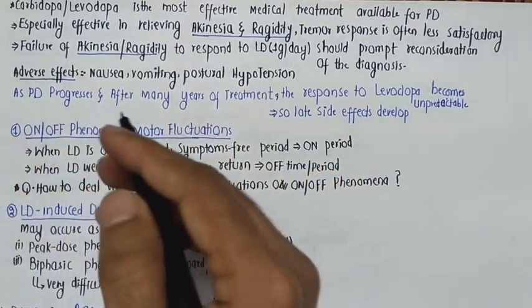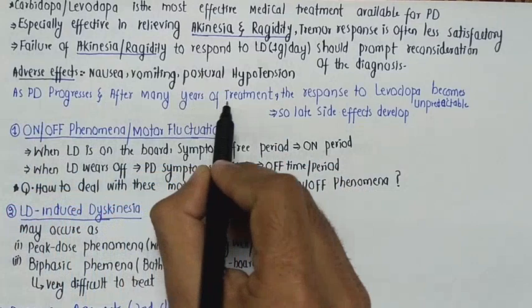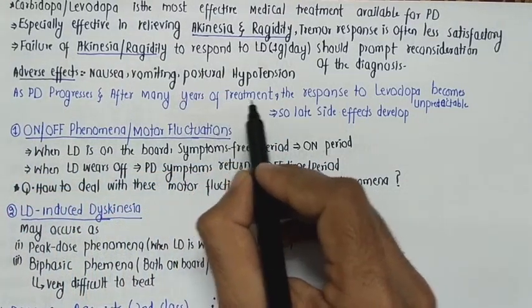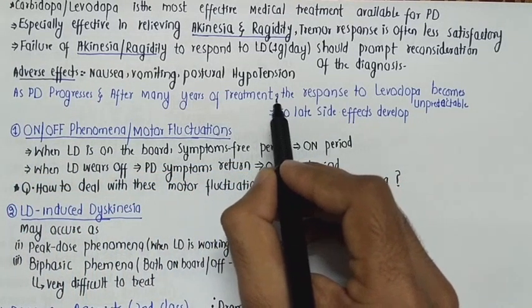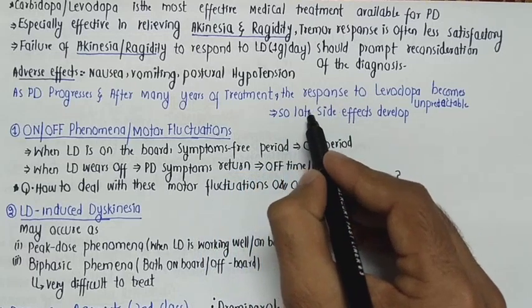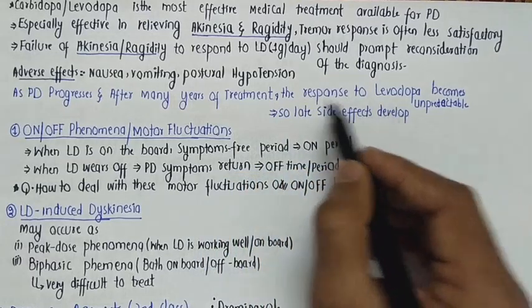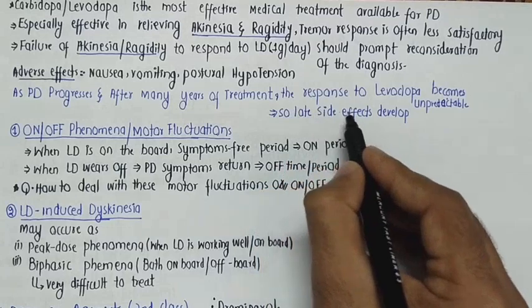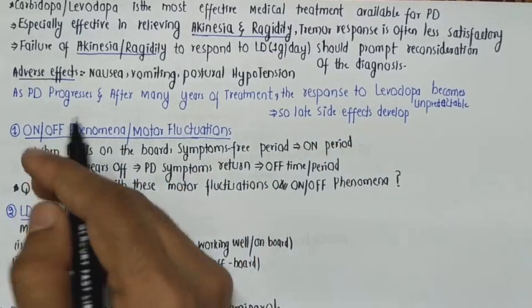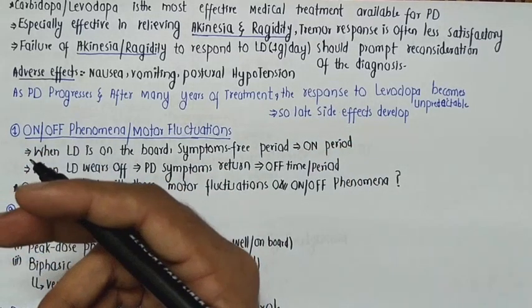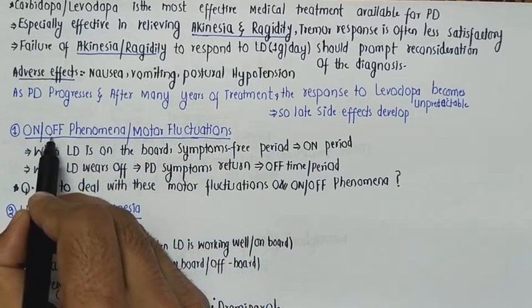As Parkinson disease progresses and after many years of treatment, the response to levodopa becomes very unpredictable, so late side effects develop. Among these late side effects, the on-off phenomenon, which is called motor fluctuations, is worth mentioning.